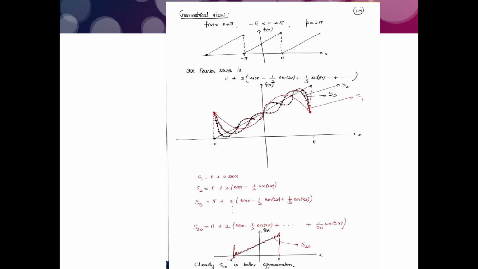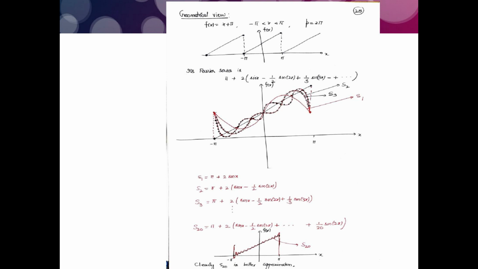So see the first red line, it is s1, and you can see there is a lot of error between the value of the function and s1. Then see s2, there is again error, but it is less than s1. Similarly for s3. Now come to s20, the last graph.